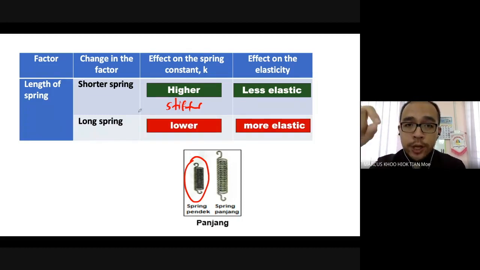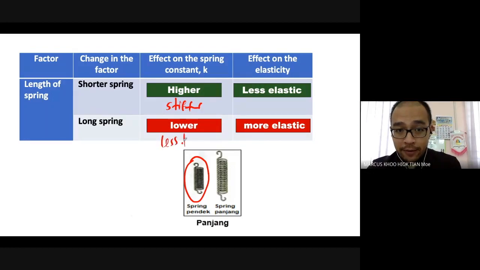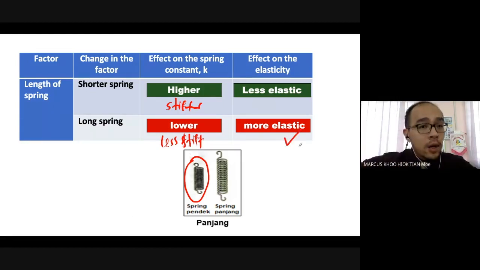A long spring has a lower spring constant. That means it is less stiff, but it is more elastic. Dia senang untuk dipanjangkan, senang untuk kembali kepada keadaan asal. Dia punya elastic limit lebih tinggi. So this is something that we need to think about.